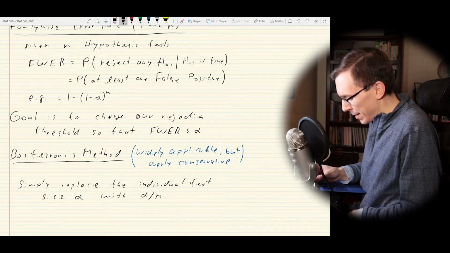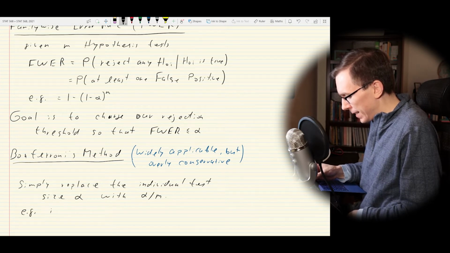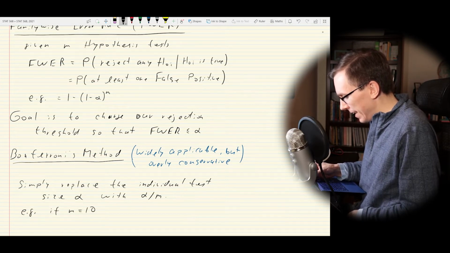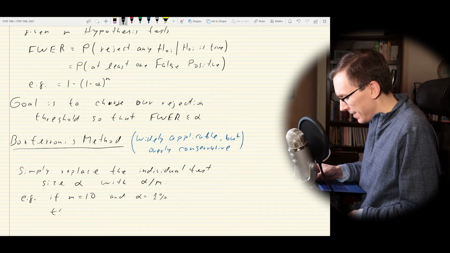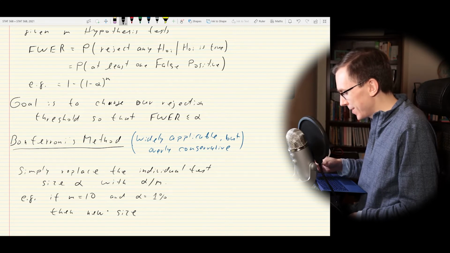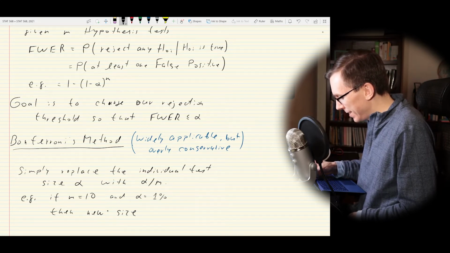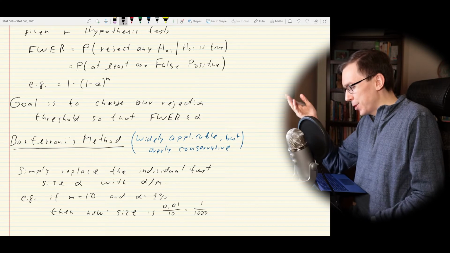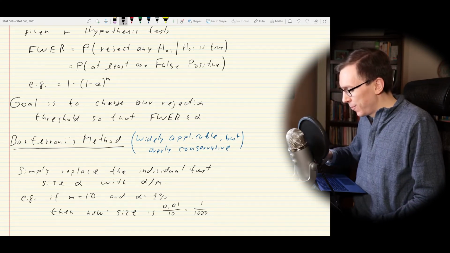So, for example, if we're running 10 tests and alpha is 1%, then the new size, or level, to reject, but we also talk about factor levels, so I'll use size for this, is basically 1%, 0.01 divided by 10, or 1 in 1,000. So we just move the decimal place over 1 point.